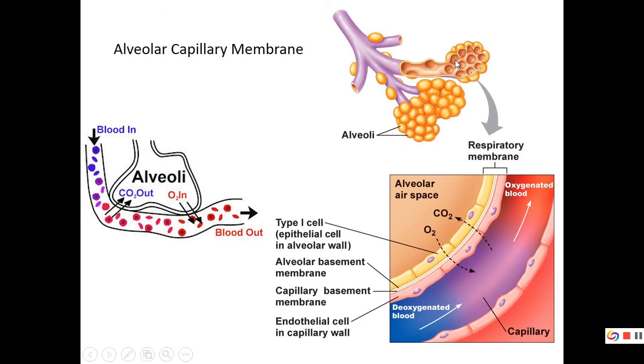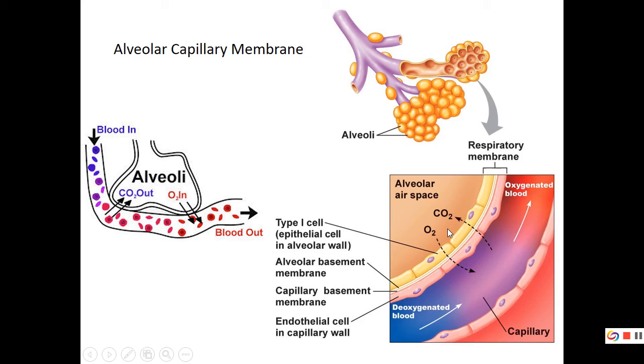So here's kind of the airway tree. There's a bunch of alveoli. If you look at this close up, okay, here's the capillary, here's the alveolus. So there's air in here, blood in here, deoxygenated blood, oxygen comes in, carbon dioxide goes out, and you get your oxygenated blood. So this is the membrane across which the gas has to diffuse.